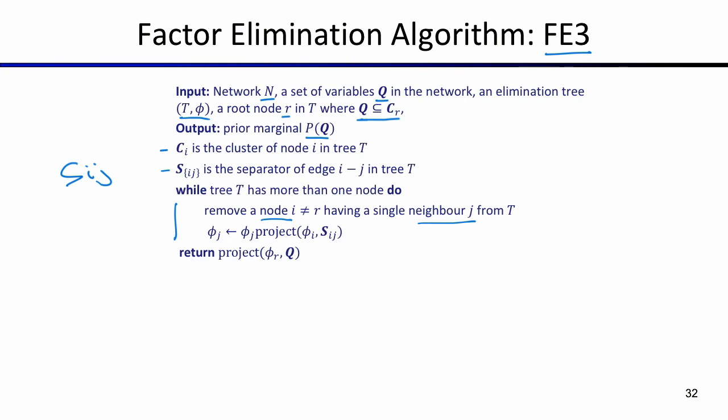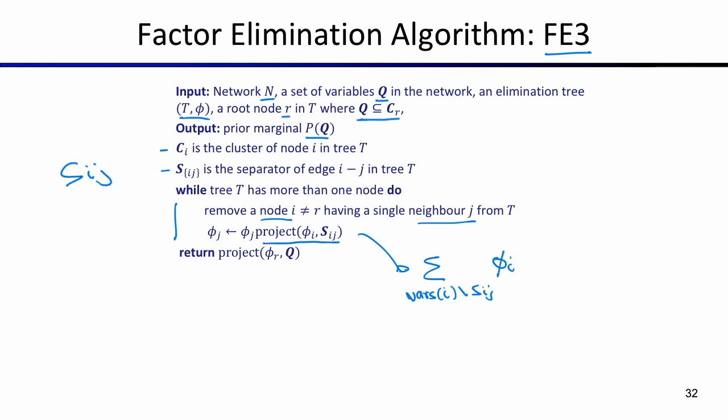Now we mention the separator S_ij, and we are saying that this is a projection of phi_i, and phi_i is the factor associated with the node i, over the separator S_ij. We haven't discussed this before, but this is going to be an annihilation of all the variables. We call that vars_i, so all the variables that are in the node i but S_ij, right? We're going to eliminate all those variables from phi_i.